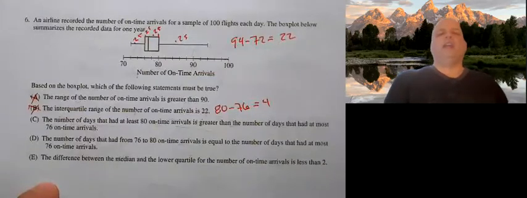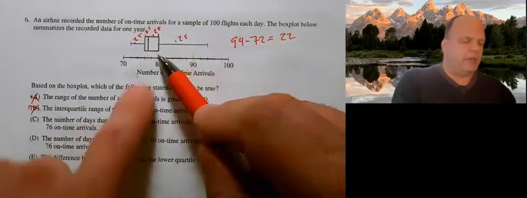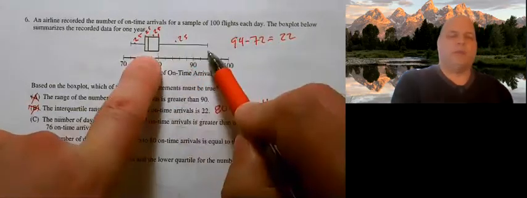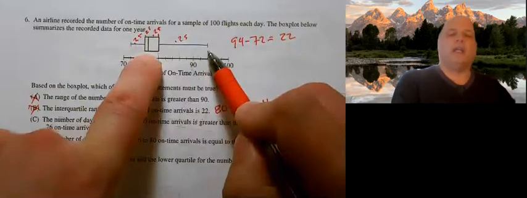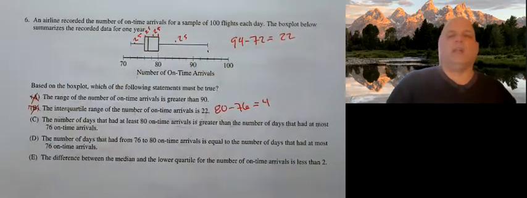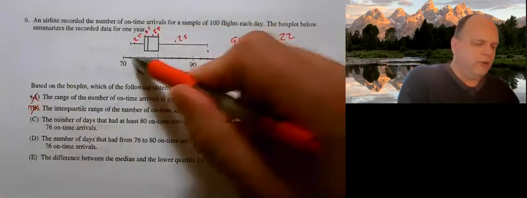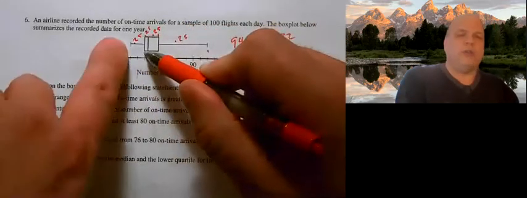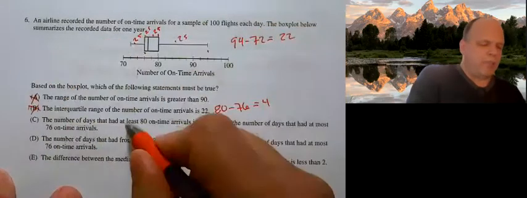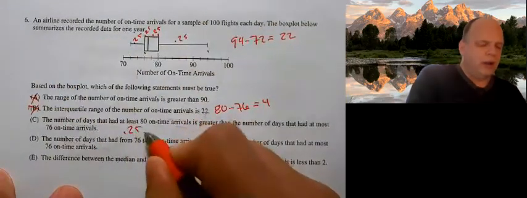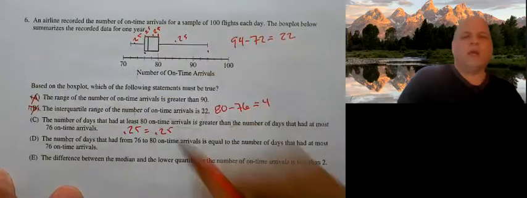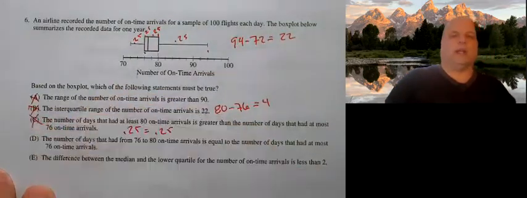The number of days that at least 80 on-time arrivals is greater. So at least 80, that means from here up, well, that's 25%. So 25% of my scores are greater than the number of days at most 76. And 2, 4, 6, that's also 25%. So now we have 25% equals 25%. We have the same amount. That's not greater.